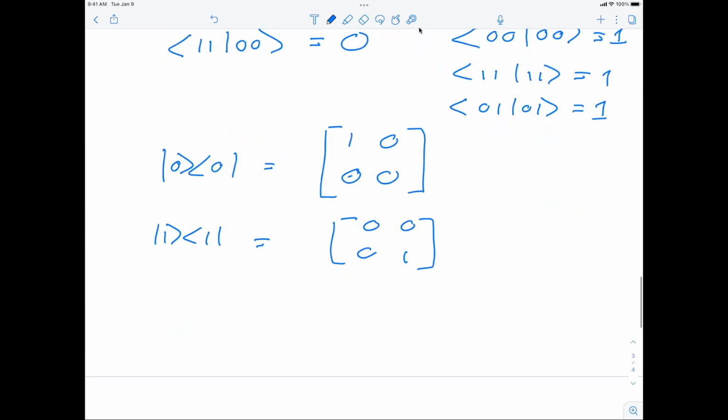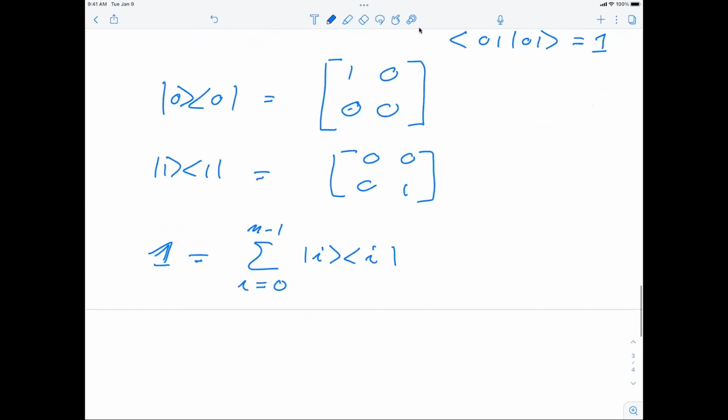Now, my identity is given by the sum. So this is a definition now, where I can sum over all the computational basis sets up to n minus 1 of |i><i|. And you see now, if I take this specific example, where my basis set consists only of 0 and 1.